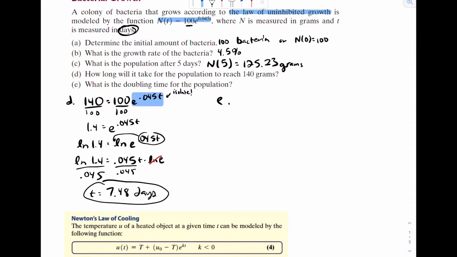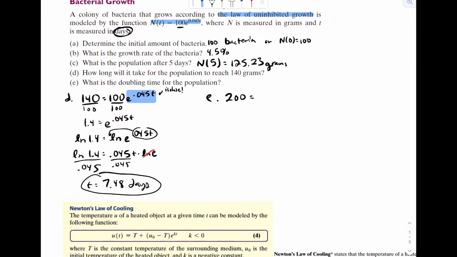E. What is the doubling time for the population? Okay, so if 100 is the initial, doubling would be 200 should equal 100 e to the 0.045 t. So this is an identical process, right? We're going to isolate this. And do the exact same thing.